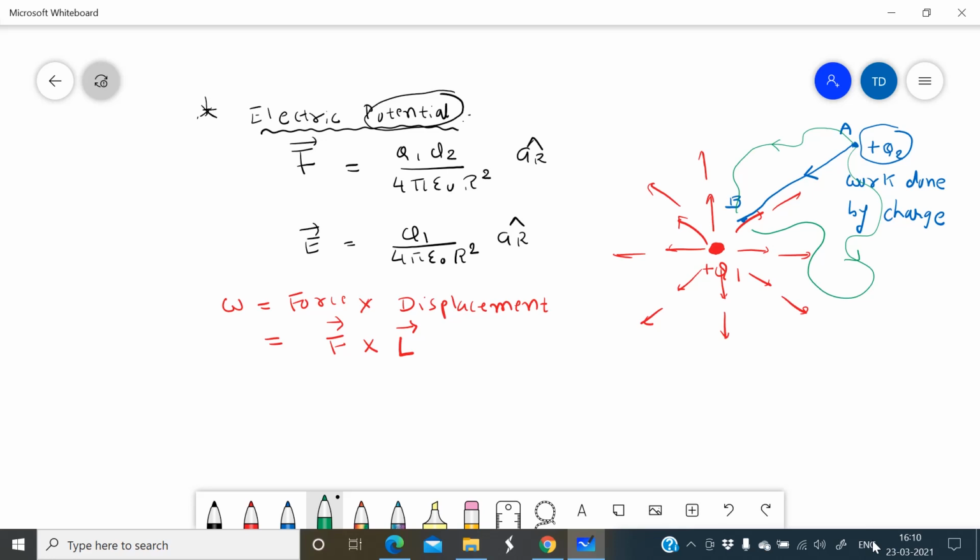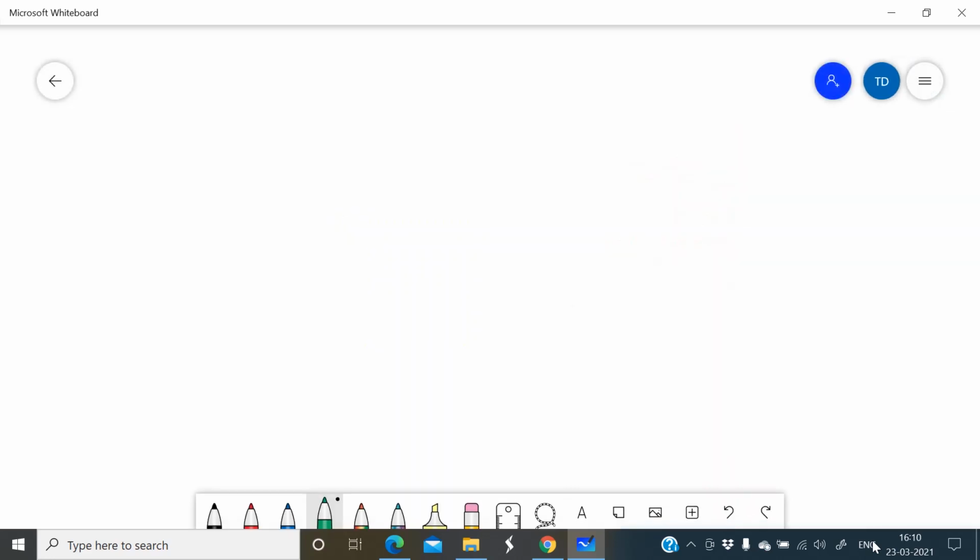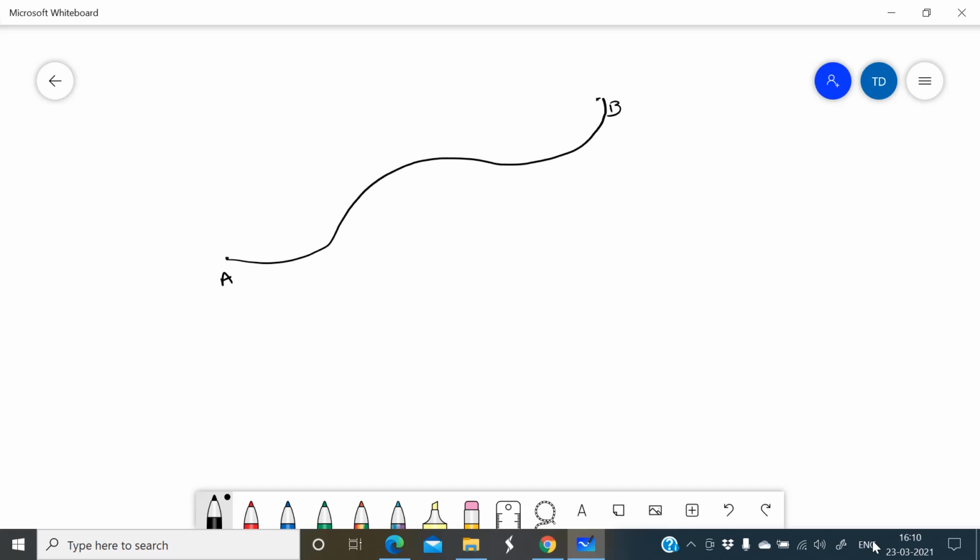Here we just have to consider point A and point B, and then consider the length of that path. Suppose point A is here and point B is here, and the charge is moved from point A to point B in this direction, and the total path length is capital L.